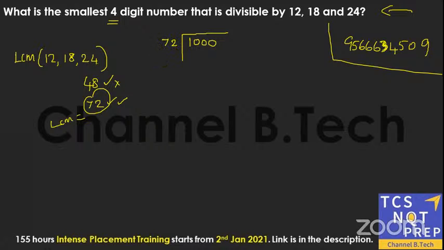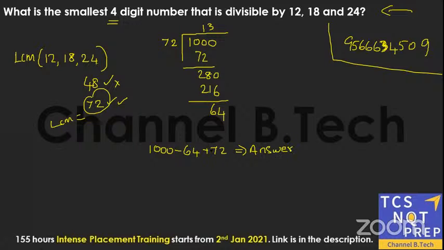This is one of the methods. Divide this by 72. 172, remaining will be 28. 280, 3 times 72 is 216, so it will be 64. Now 1000 minus this remainder plus 72 will give you the answer.